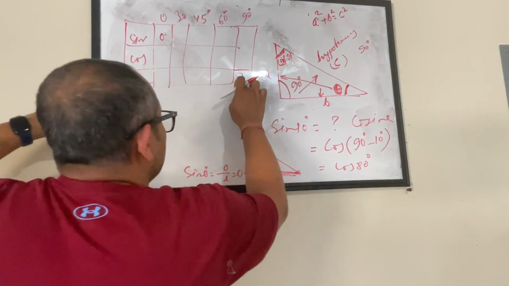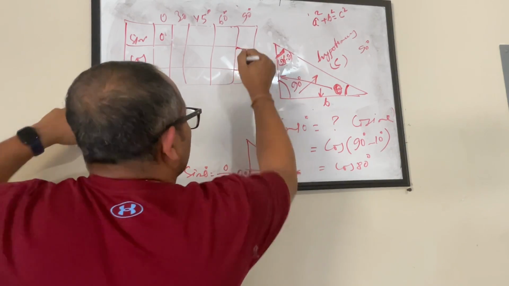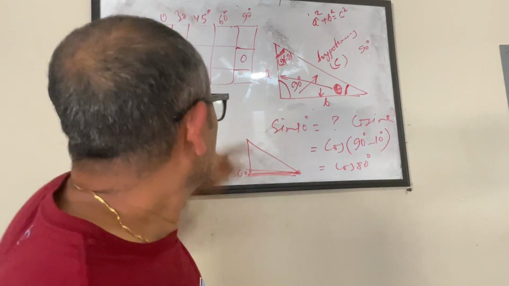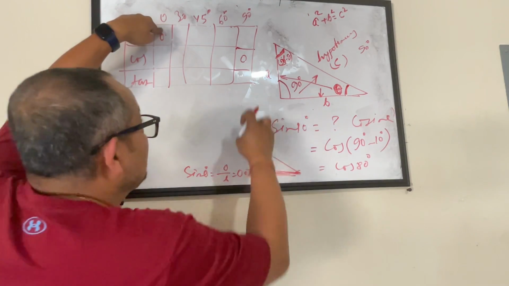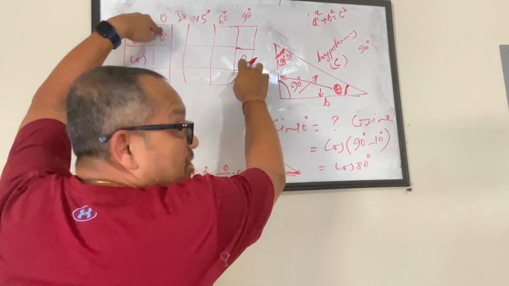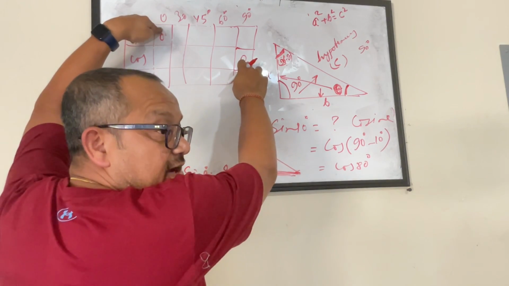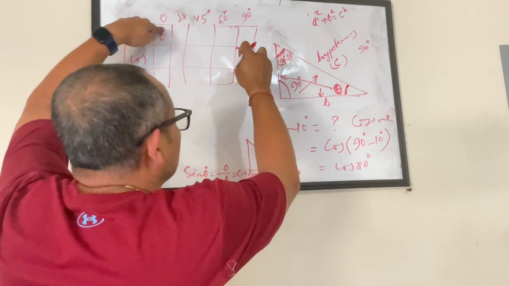So if you know the sine theta value, you can find out the corresponding cos of the complementary angle value. So sine of 0 is equal to cos of 90 degrees.